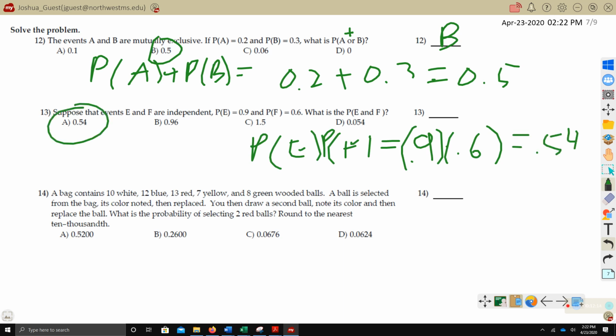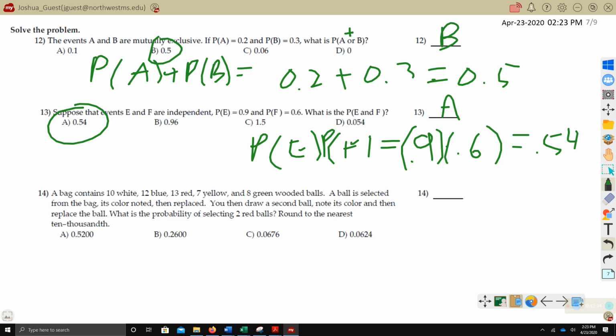That's going to be A. So 13 is A. All right. Again, the independent part there says, hey, just multiply those two together because one does not depend on the other. You don't have to say E given F or anything like that because it doesn't matter if it's a given, it doesn't affect it. It doesn't matter.